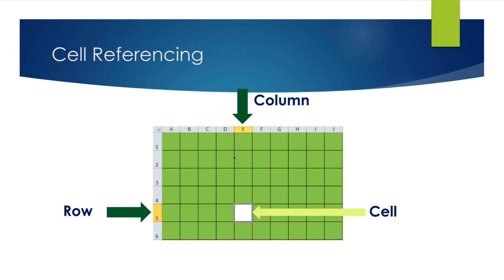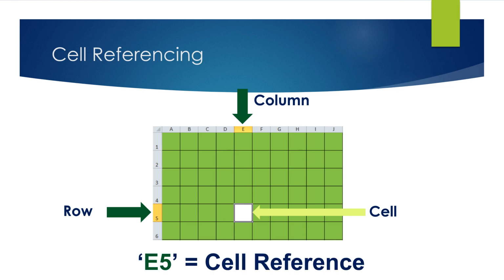Now we have this thing called cell referencing. For example, E5 is a cell reference. The column is E, and the row is 5. We have the 5th row and the E column, so the cell reference for this particular cell would be E5.